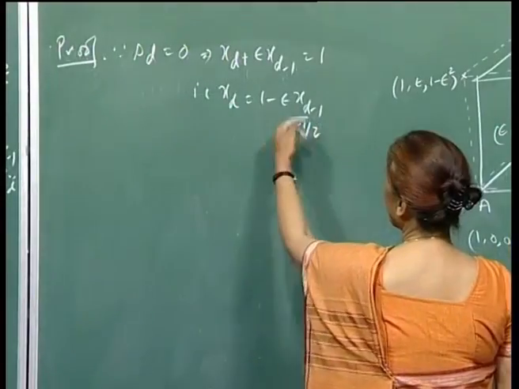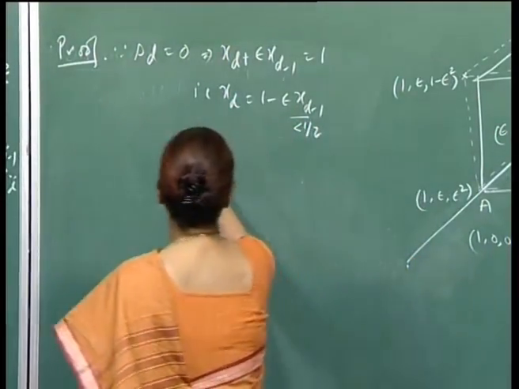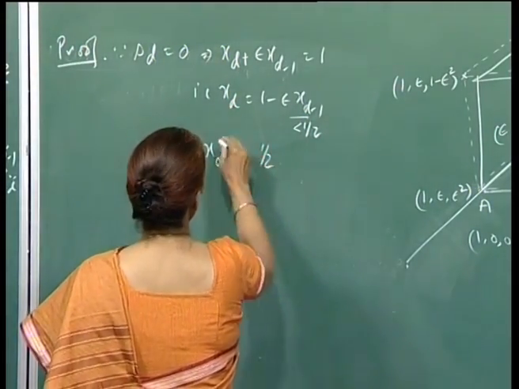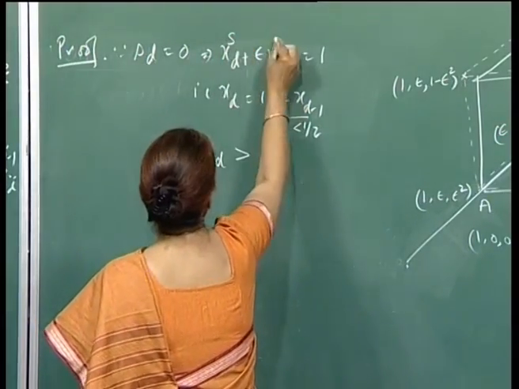So the minus will become greater, which implies that x_d is greater than half.